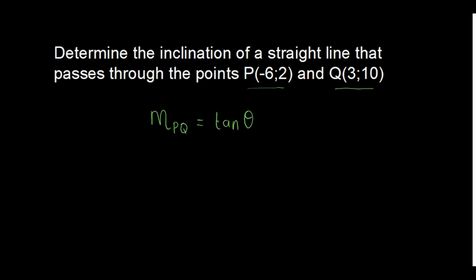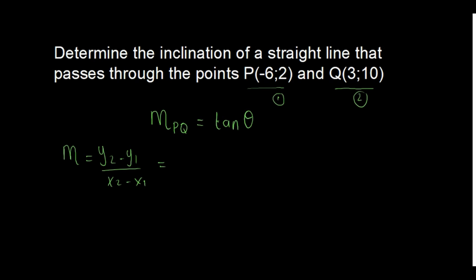How do we calculate our gradient again? We use the formula m equals y2 minus y1 over x2 minus x1. I like labeling my points: that's my 1 and that's my 2. What is our y2?